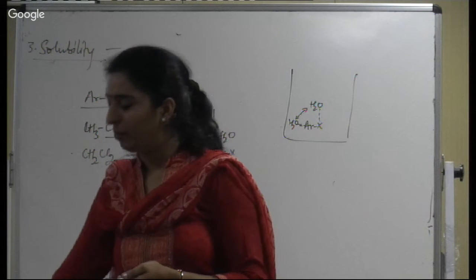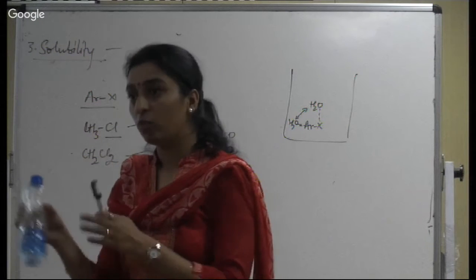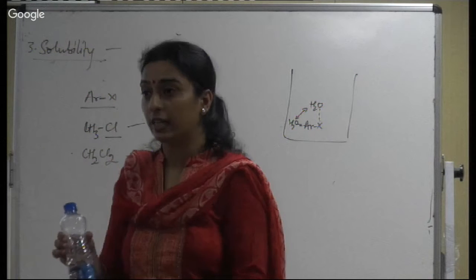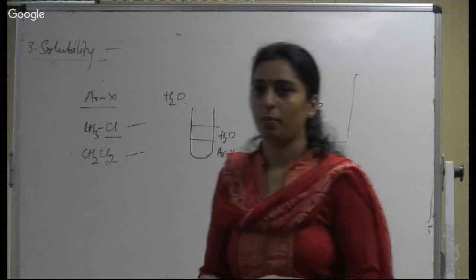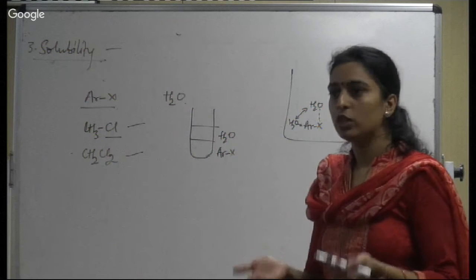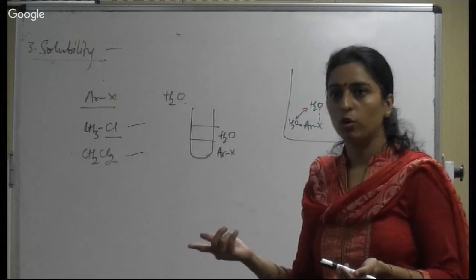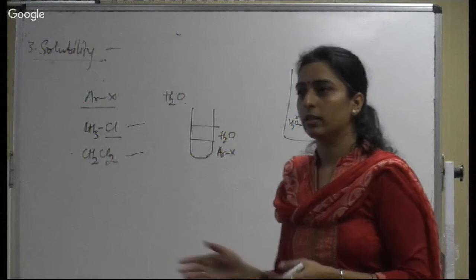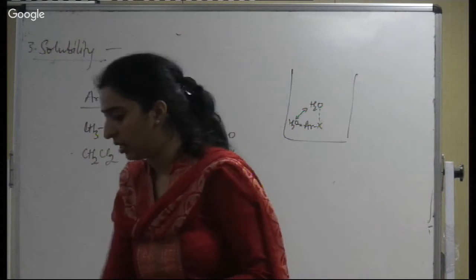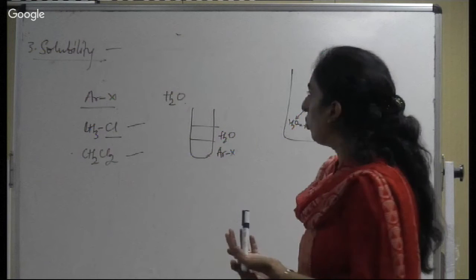You will pick it up normally, but you will feel that it is heavier than the normal water bottle, even if the volume is same. Am I clear? This is what we call density, mass upon volume. Volume is same, but the mass of that sample would be higher. That is why I'm saying it is density. Okay. I think we can move on.